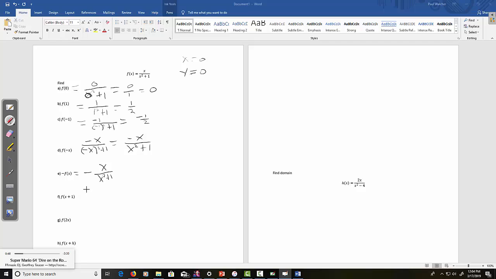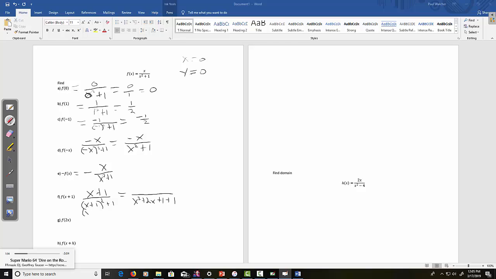Anyway, f of x plus 1, plug in x plus 1 for x. Plus 1. There we go. This one we can simplify a little bit, because the bottom has some like terms after we multiply out. X squared plus 2x plus 1 plus 1.